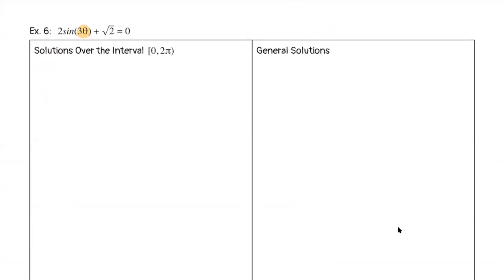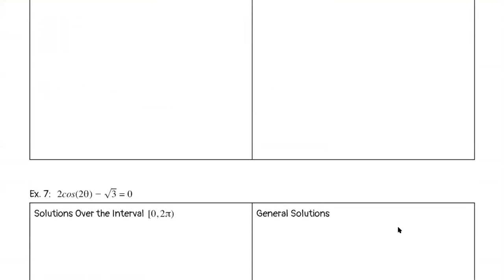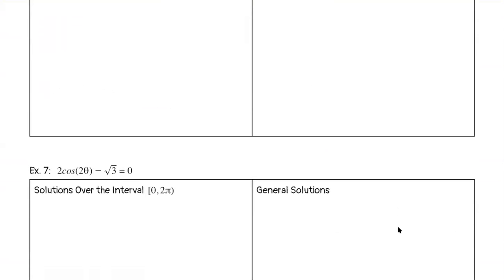And if we were to scroll down to number 7, what should we highlight in number 7? Yeah, that 2 theta, right? The 2 theta is really going to be what makes this question different than questions 1 through 4, okay?